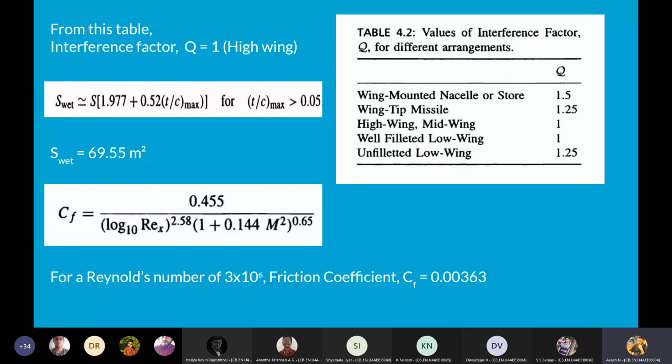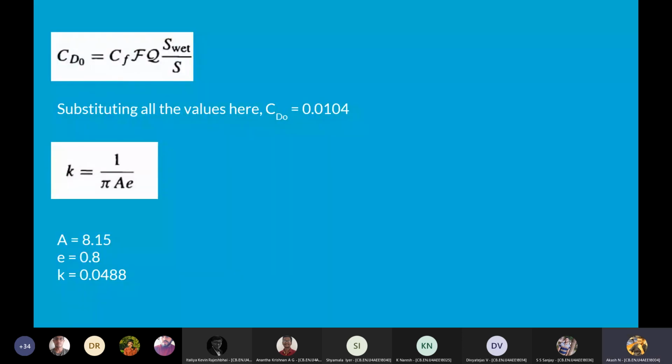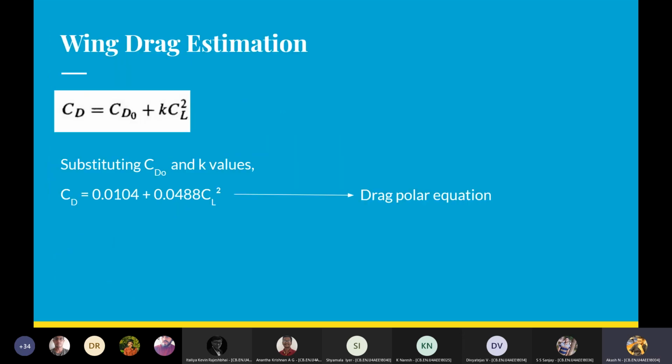Since it is turbulent flow, our friction coefficient is 0.00363, which we got using the formula shown. Substituting all these values, we got CD0 to be 0.0104 and K to be 0.0488.